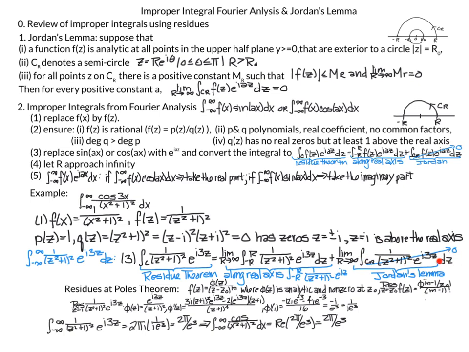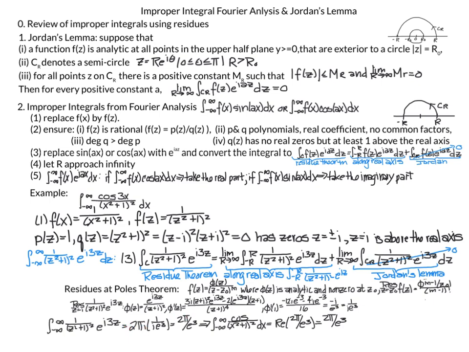And this is exactly the form of Jordan's lemma, right? We have an f of z times e to the iaz over a semicircle. So this is going to go to 0. So what we have left is the integral along the real axis, which is equal to, and we need to apply the residue theorem. So we have the poles at our residue theorem. I'm not going to go through this calculation, but we found that the residue is 1 over i e to the third, which means our integral along the real axis is equal to 2 pi i times our residue.